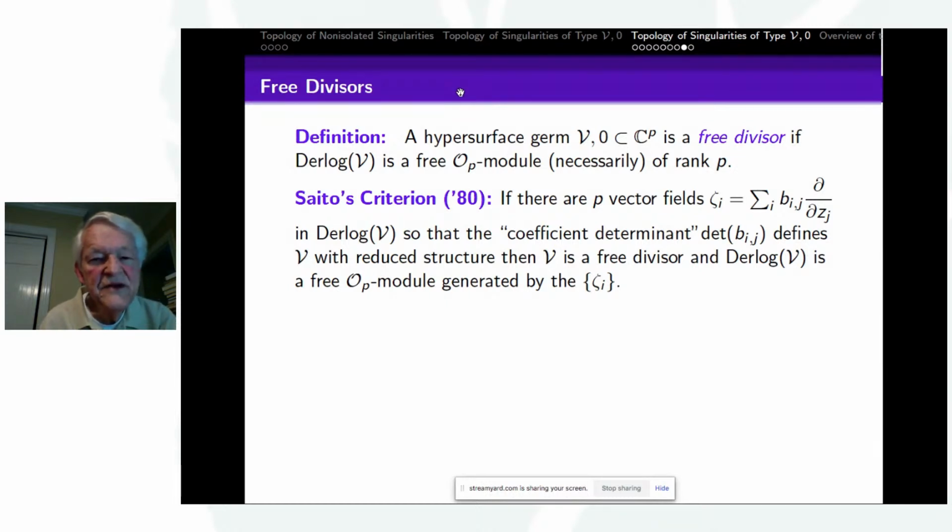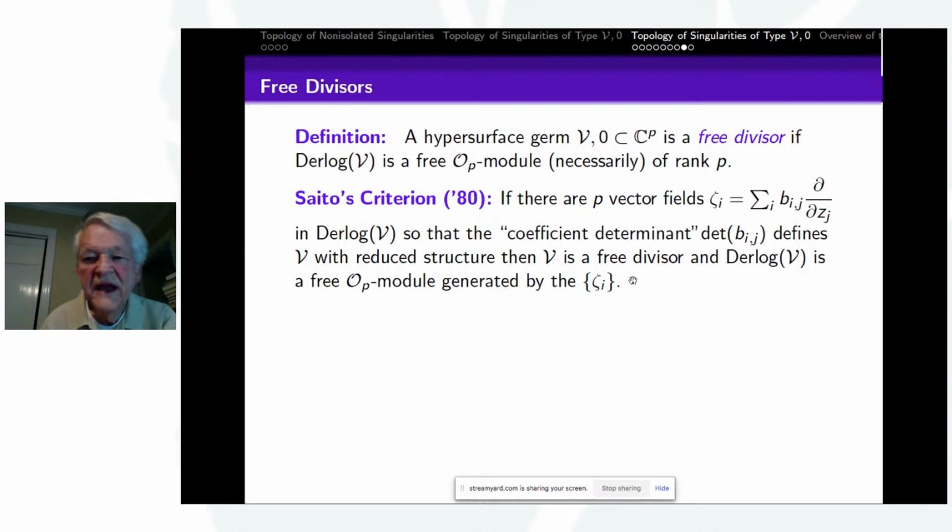There's a condition introduced by Saito which captures much nicer properties, especially for hypersurface germs: V is a free divisor if Der(-log V) is a free O_P module, which necessarily has rank p. Saito gave several criteria for this, but basically, if you have p vector fields in Der(-log V) and you write them out in local coordinates, then if the coefficient determinant defines V with a reduced structure, V is a free divisor, and Der(-log V) is generated by these.